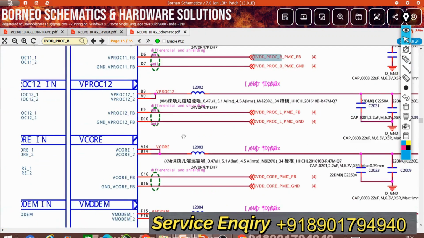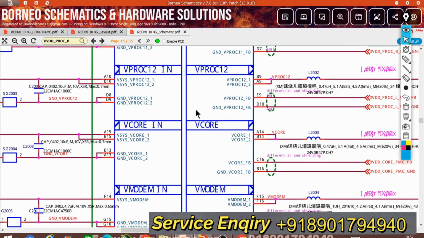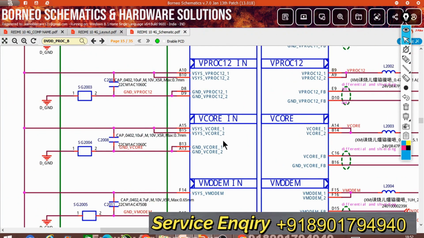Now after the VPROC, you will see a similar V core input, a voltage input from the V system. If this voltage input is not connected at pin A15 or B15, your V core output is not generated. If you get a voltage here, you must get the voltage here also.